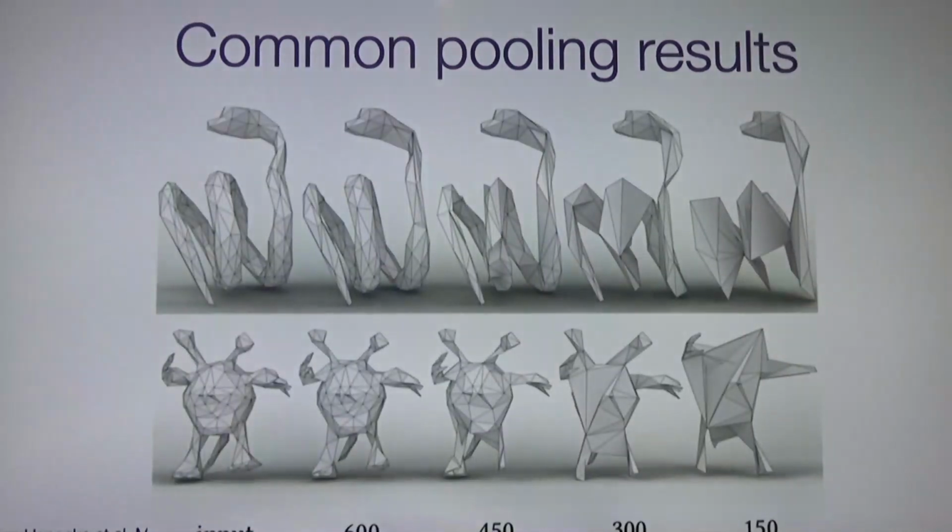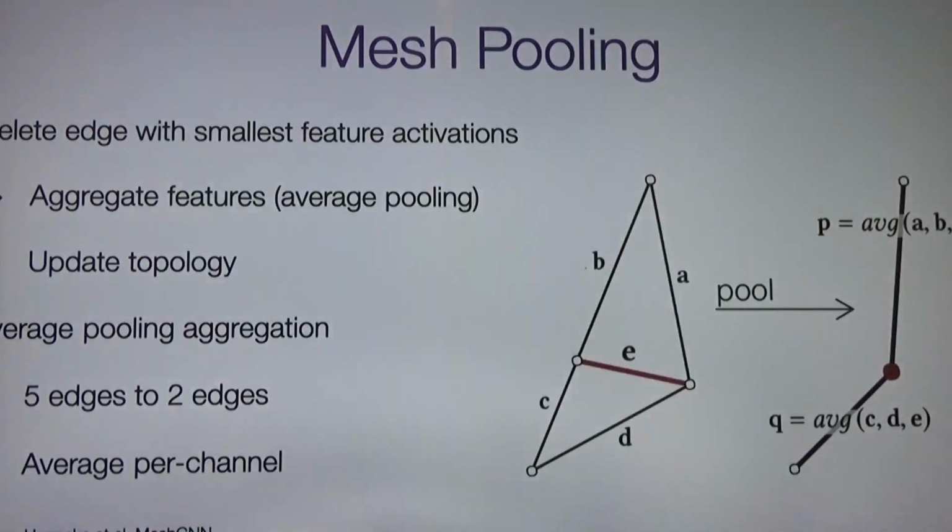So you cannot do the horizontal way because there is no edge. No, I mean the red edge is horizontal. You're going to do the other way around. So here you compute activations on each of the 5 edges.